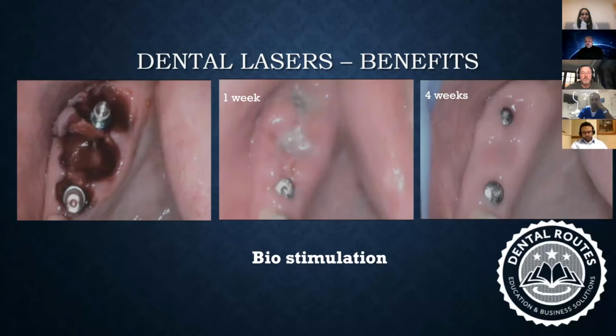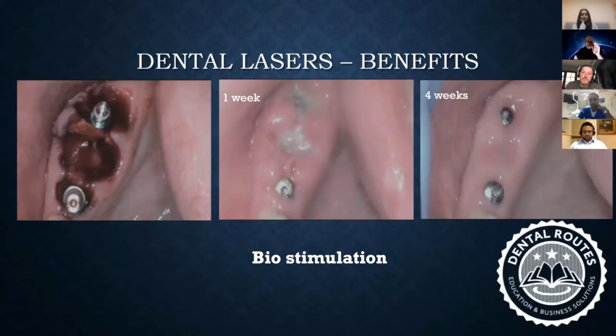And the osseointegration you get within that socket and the amount of healing you get is much, much faster and predictable, which you will later see in certain other slides. So even when I do an osteotomy, I go in with the laser so it enriches the whole socket before I place my implant.